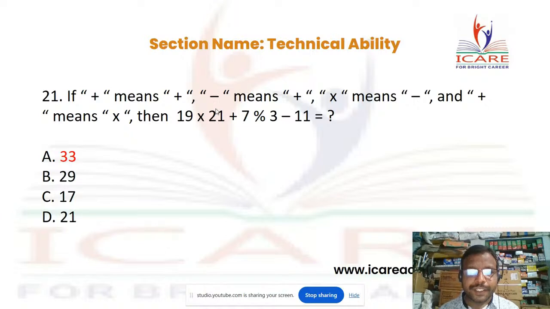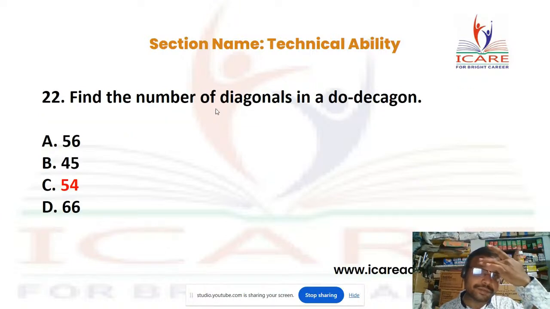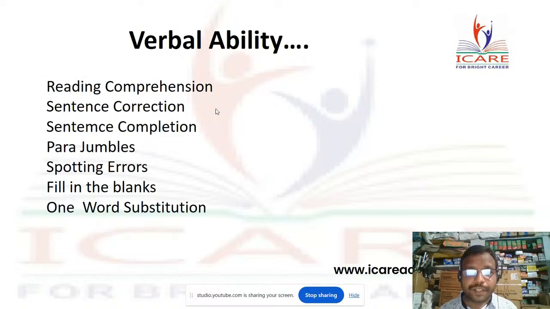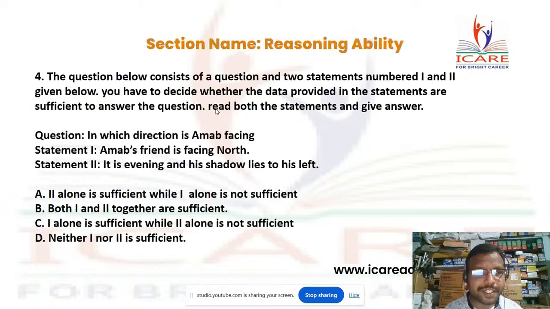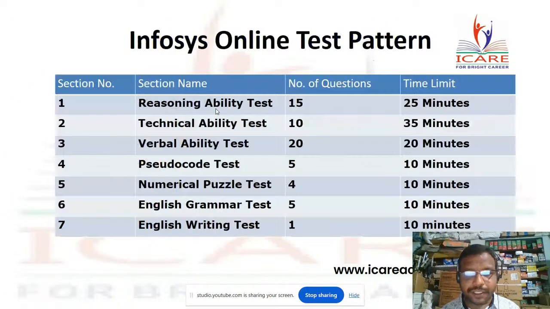The next section should be verbal ability. You have to focus on important concepts like reading comprehension, sentence correction, sentence completion, parajumbles, spotting errors, fill in the blanks, etc. In this particular section, they may give 20 questions, and you can solve within 20 minutes.